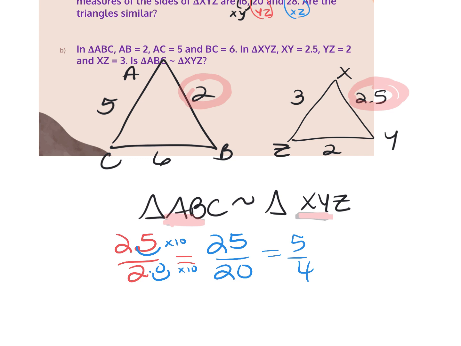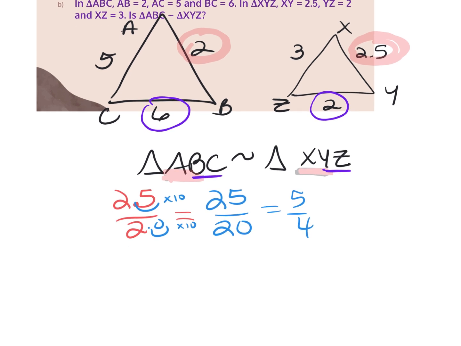Then the next side that I need to match, and again, I'm looking for these to simplify to the same ratio. So if I do BC with YZ, BC is 6, YZ is 2. So if I do YZ to BC, this would be 2 to 6. This simplifies 1 to 3.